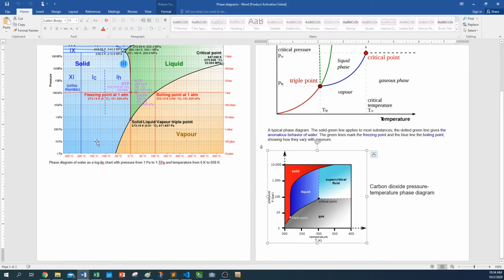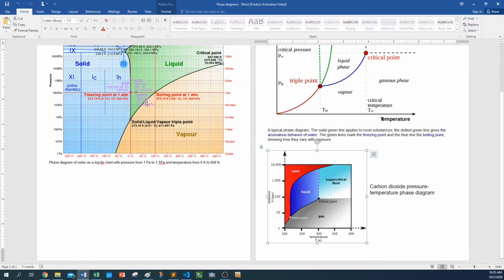So again, if we were down to 10 pascals, water would not exist as a liquid. As we increase temperature, it would immediately go from a solid to a gas directly, so it would sublime. At 1 atmosphere of pressure, water freezes at 0 degrees and boils at 100.